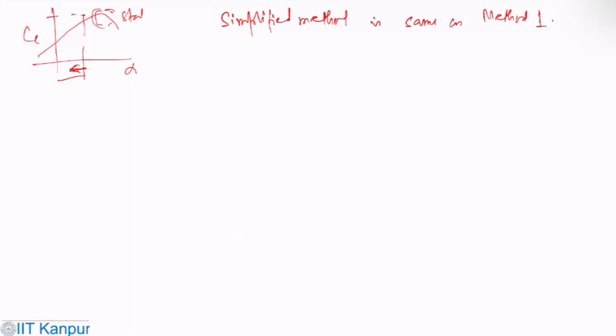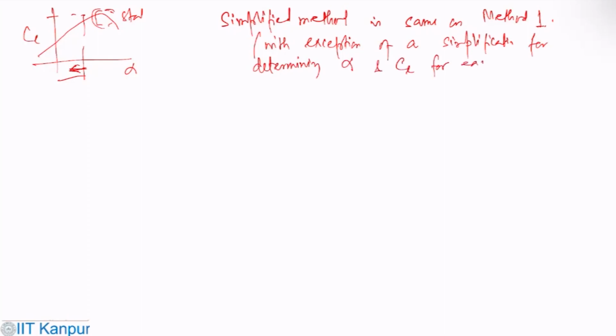But obviously there is some exception, with the exception of a simplification for determining alpha and CL for each blade section. The essence of this simplified method is the use of an analytical or closed form expression for finding the angle of attack of the relative wind at each blade element.